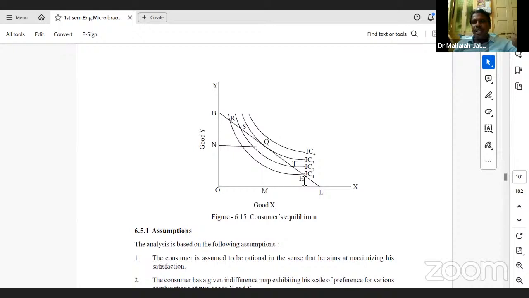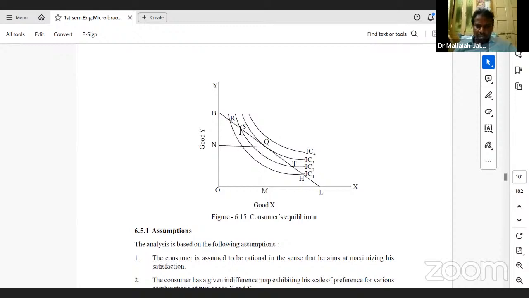Below the budget line means he still has some amount of money. With that money, he wants to purchase again. That is why he doesn't want to purchase the R and H combination, because some amount of money remains with him.